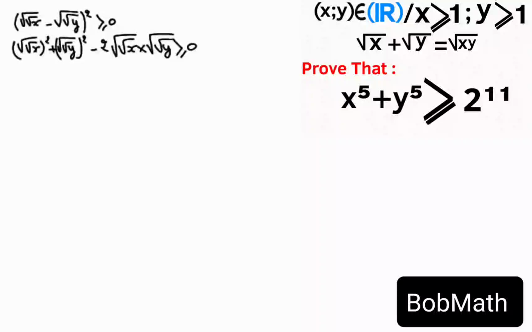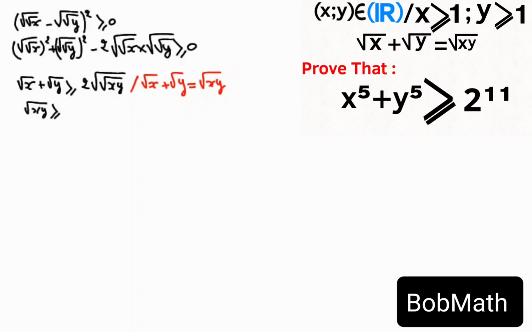Therefore, square root of x plus square root of y is greater than or equal to 2 square root of xy, and we have square root of x plus square root of y equals square root of xy. So square root of xy is greater than or equal to 2 square root of xy.